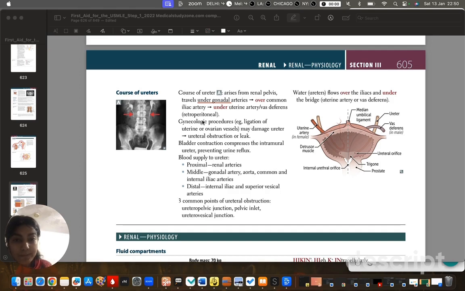Okay. Oh, and here is what I was saying: gynecological procedures like ligation of uterine or ovarian vessels may damage the ureter, causing ureteral obstruction or leakage. So that is one of the post-renal failures.